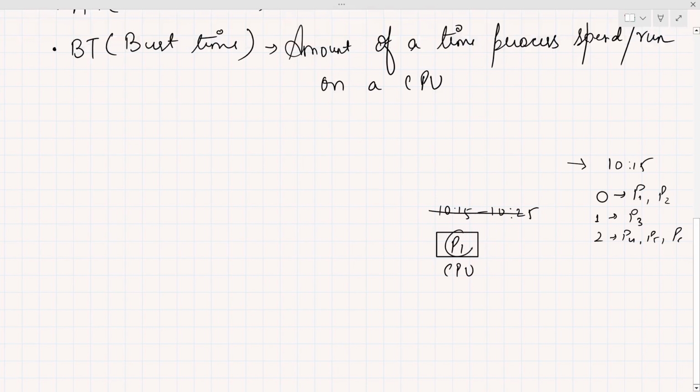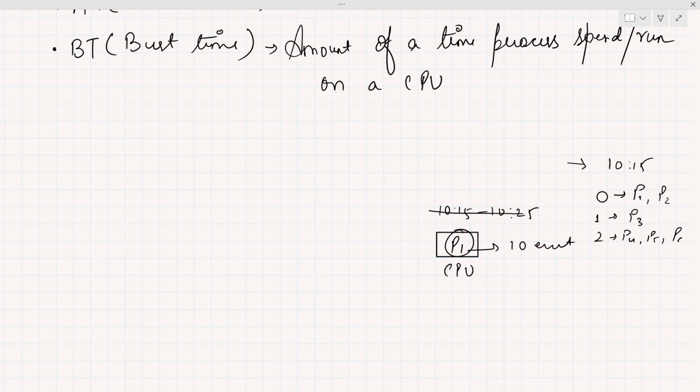After some time, P1 wants to perform an IO operation, and P1 is performing the IO operation. So the CPU now becomes idle; the CPU is not executing P1. So exclude this waiting time.